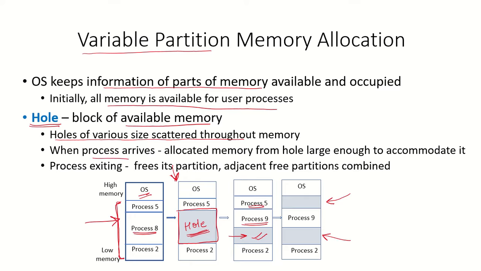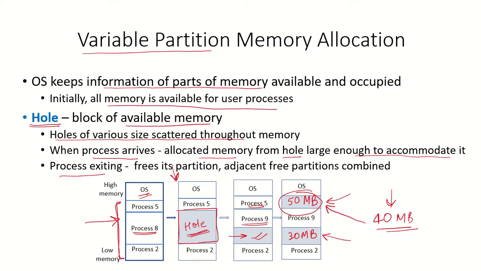So whenever a process arrives, we allocate memory from a hole which is large enough to accommodate it. So let's say this is 50 megabytes of memory, and this is 30 megabytes. If a process which is coming in requires 40 megabytes of memory, then it can be placed in this particular hole because this hole is larger than the requirement of the process.